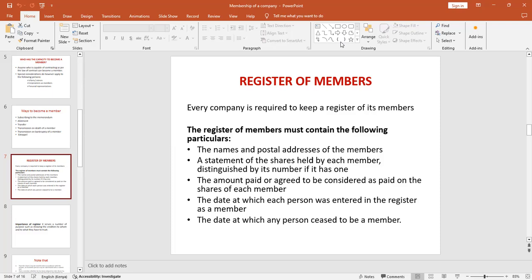And if you own 10% of the company shares as a human being, then your name won't just be in the general register of members, you'll be under the register of beneficial owners, meaning people who own 10% of the company shares or above will be required to disclose more information than another person who has few shares in that company.